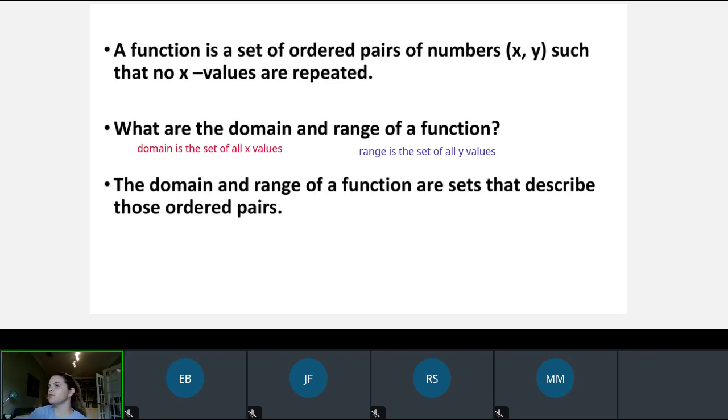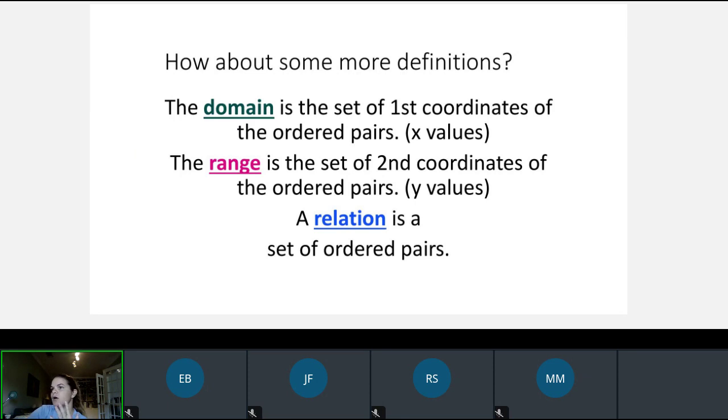So domain and range of a function are sets that describe the ordered pairs. So another way to describe domain and range, domain is the set of the first coordinates, okay, so the x values. Range is the set of the second coordinates, or the y values.